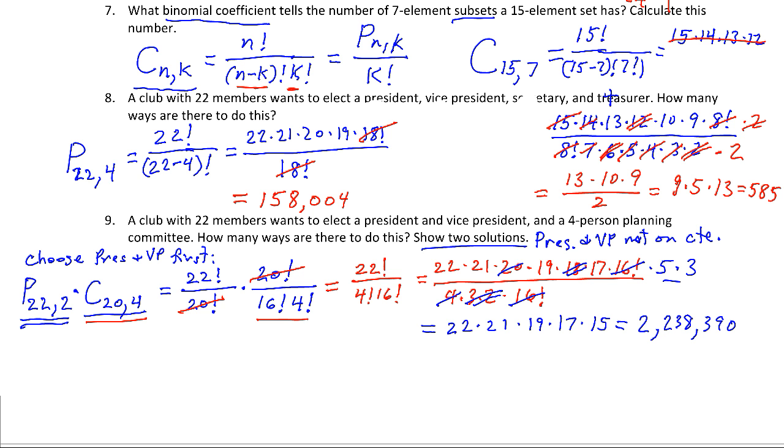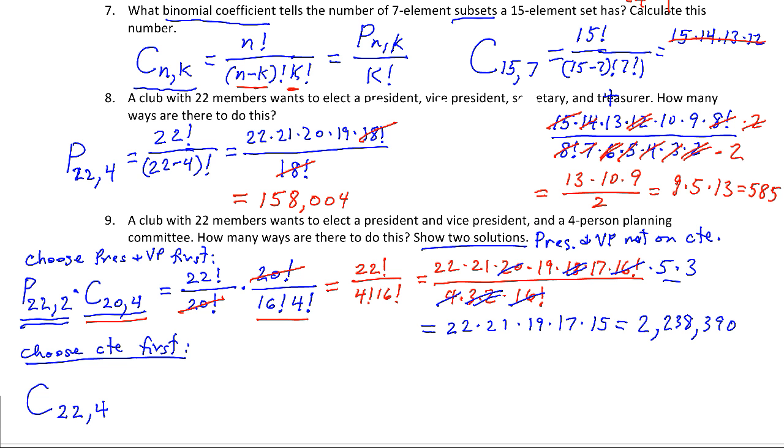And finally, I'm going to go ahead and choose the committee first. C stands for committee. We sure hope that we get the same answer, and let's do it. We're going to choose the committee first, so we're going to do the C first, and we're going to start with 22, and we're going to choose 4 out of that.